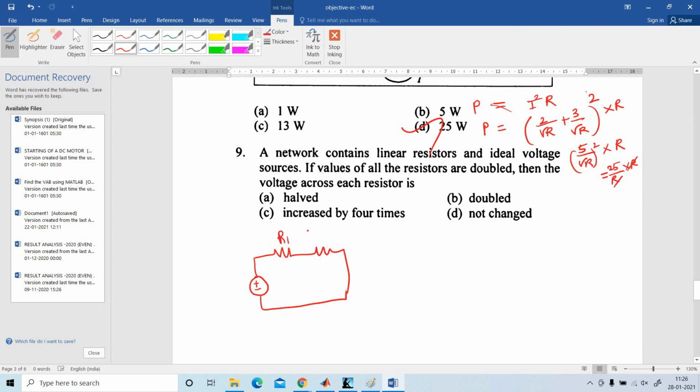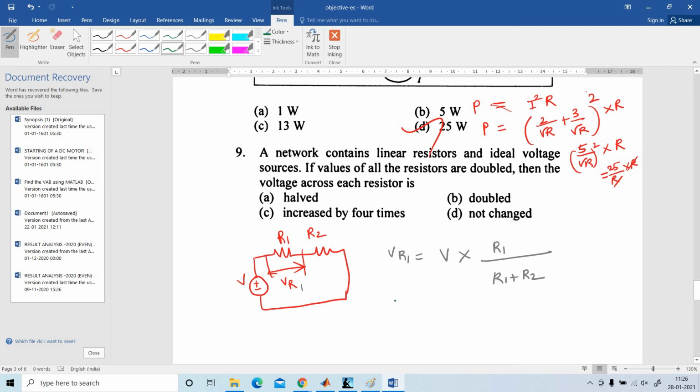For this case, R1, R2, V. I am going to find out voltage across R1. So VR1 is equal to total voltage into the same resistance divided by the total resistance.